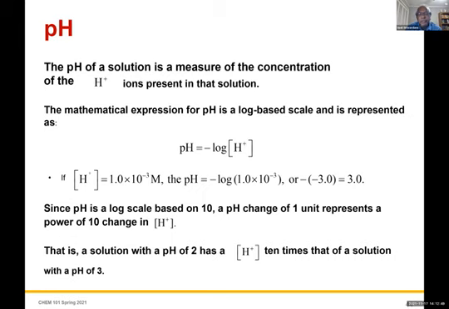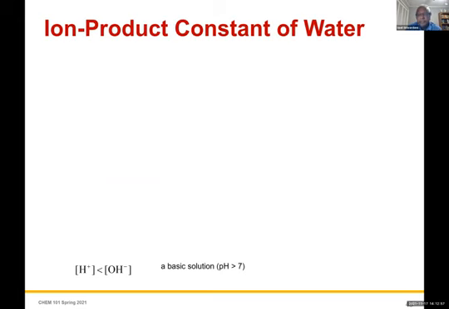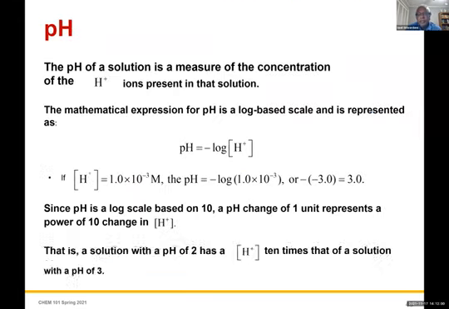A solution of pH 2 has 10 times that of a solution of, I couldn't see what is in there. pH 1 has 10 times more, 10 times that of the solution of pH 1.